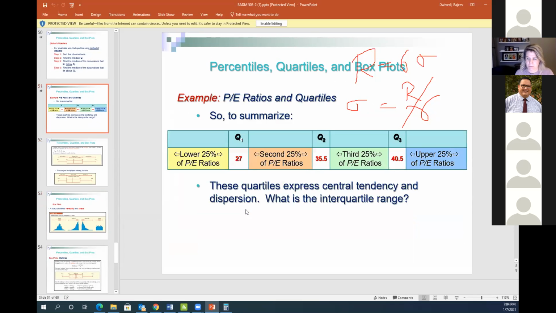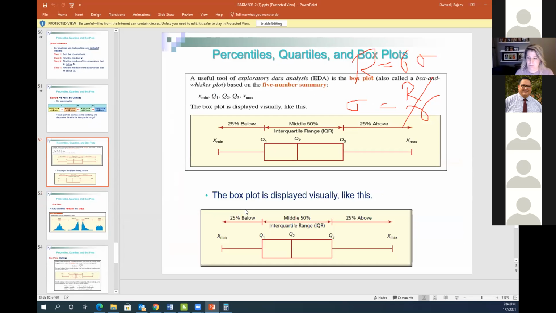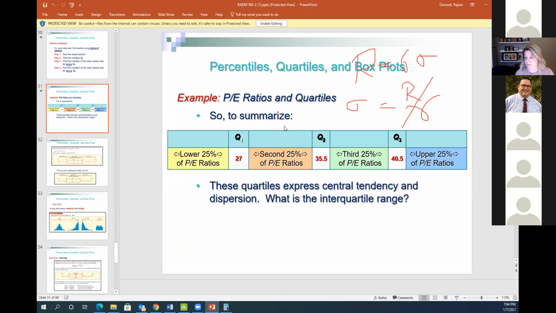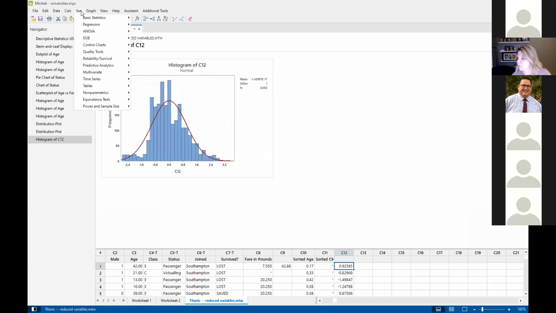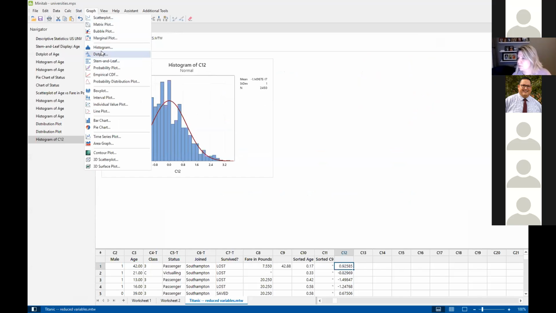And this can be represented using box plot method. Box plots represent 5-number summary, which is minimum, maximum, Q1, Q2, Q3. And that is how we do the 5-number summary representation in Minitab. So look into box plot. Where is the box plot? Right here.